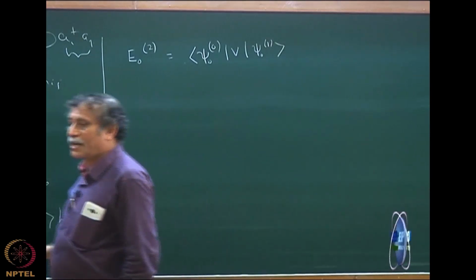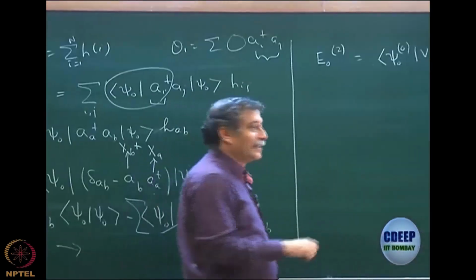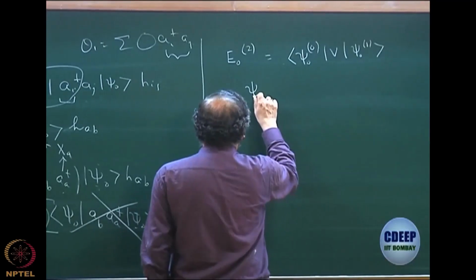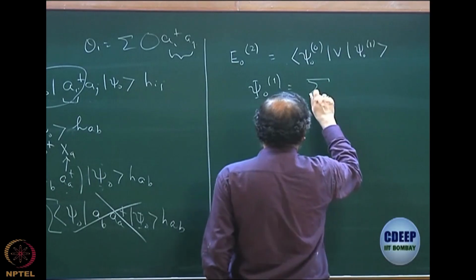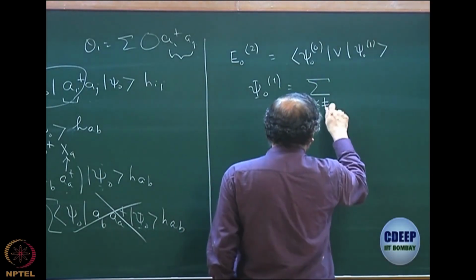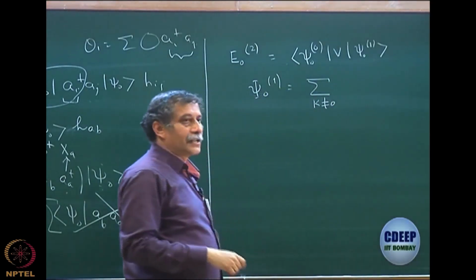This was the original expression of E naught 2. And then we wrote psi 0 1 as a linear combination over K not equal to 0 of Ck1 psi k 0. Remember, it was intermediately normalized.